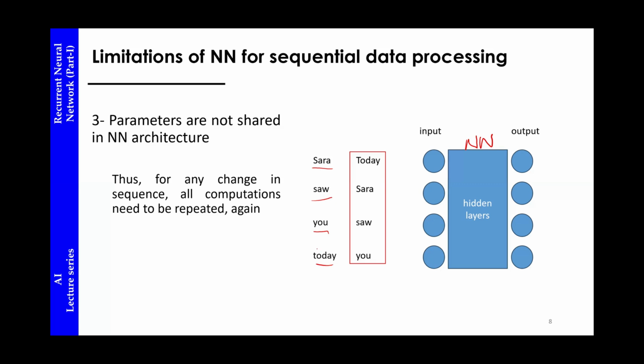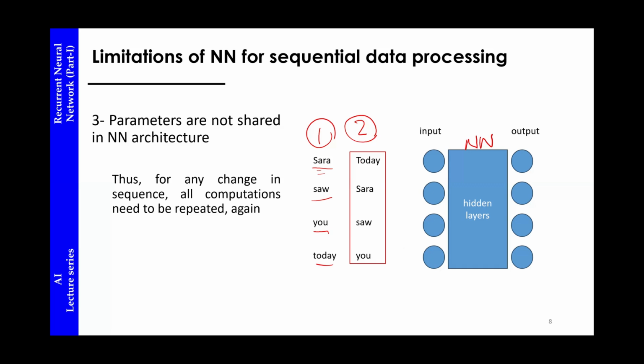If you change the order of the sentence that you first introduced to your system and introduce "Today Sarah saw you", you should get the same translation out of it. Both sentences have the same meaning; the difference is the emphasis. In "Sarah saw you today" the emphasis is on Sarah, but in the second sentence, the emphasis is on the time: "Today, Sarah saw you."